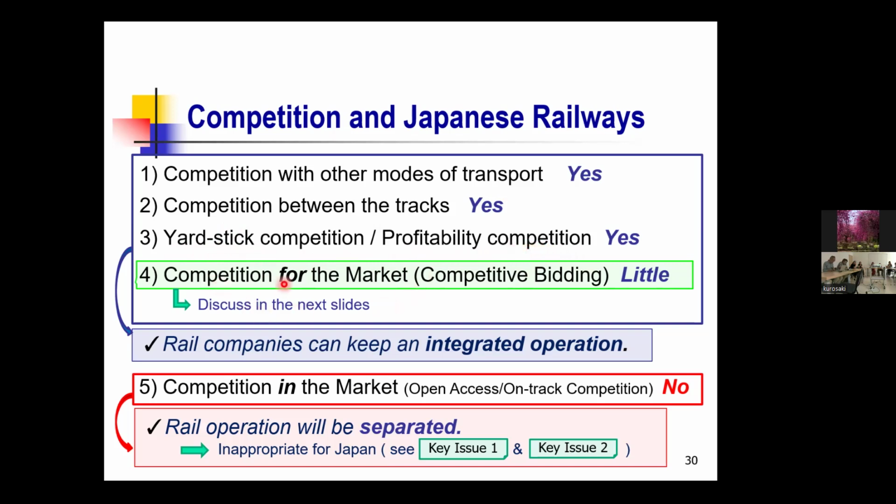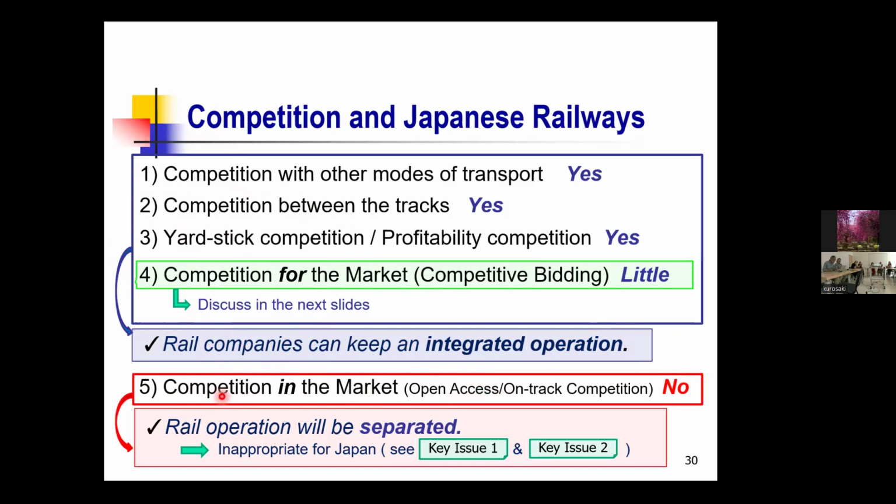Although the number of cases is limited so far in Japan, competitive bidding is one type of competition. In the Japanese railway sector, we have all these 4 types of competition, and we can keep the integrated railway operation under these 4 types of competition. On the other hand, Japan has not introduced the last type of competition, that is open access.